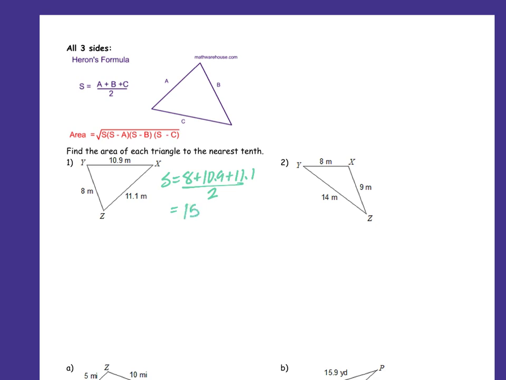Beautiful. And then the area is this big ugly square root that is going to be 15 times 15 minus 8 times 15 minus 10.9 times 15 minus 11.1. And that will give me my area.